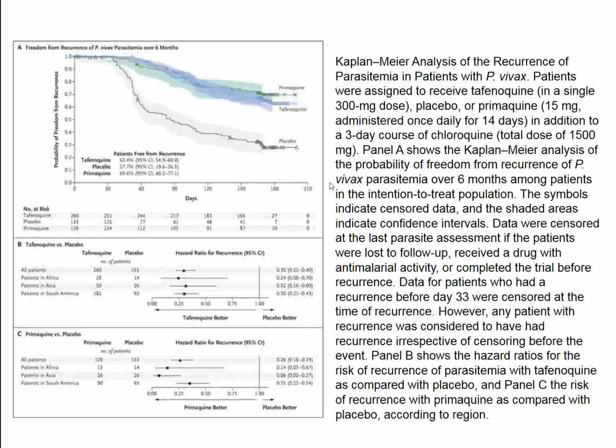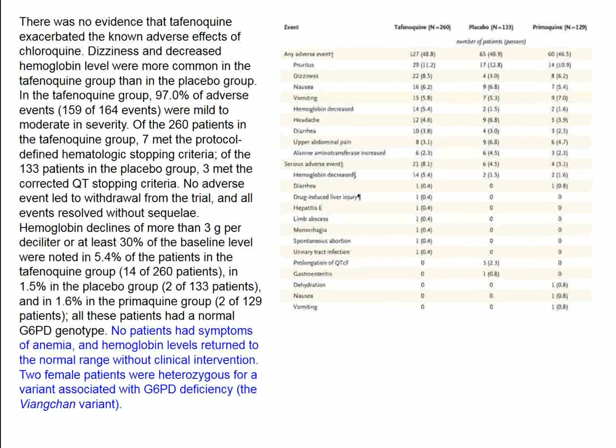So that at the end of 6 months, or 180 days, more than half of them had recurrence of Vivax malaria, presumably from this hepatic phase that wasn't adequately treated. But the patients that got primaquine or tafenoquine did much better than placebo. So both primaquine and tafenoquine beat placebo in terms of relapse from Vivax malaria.